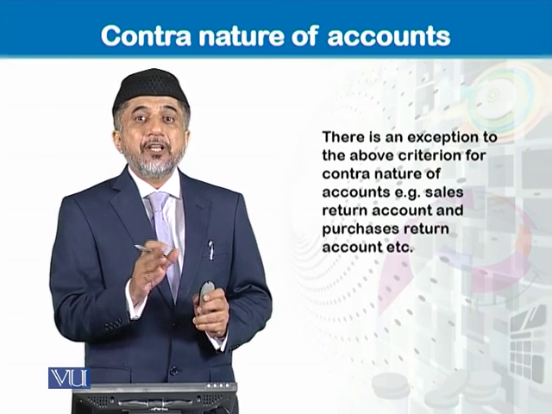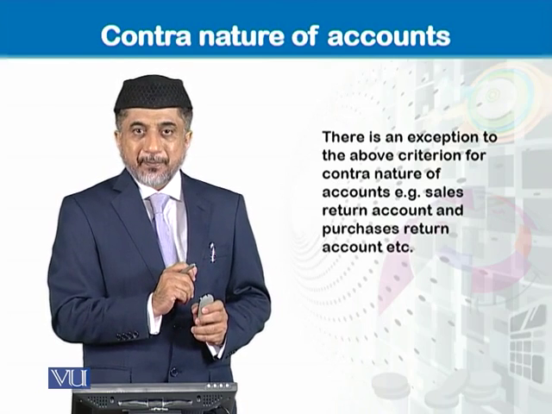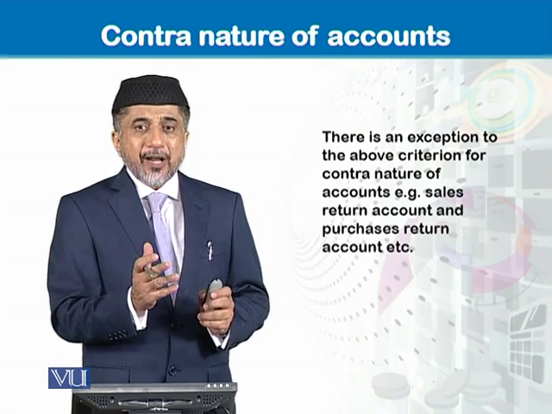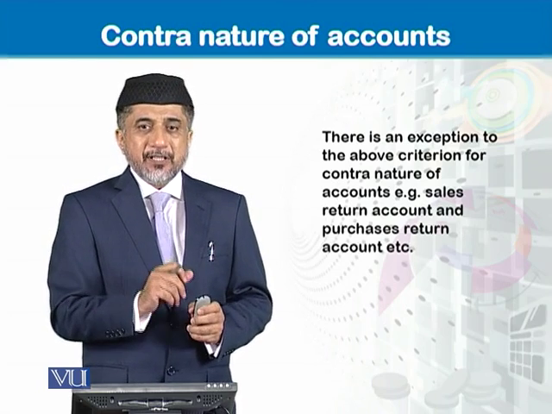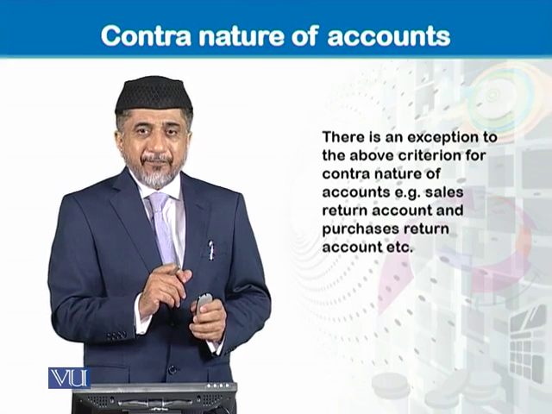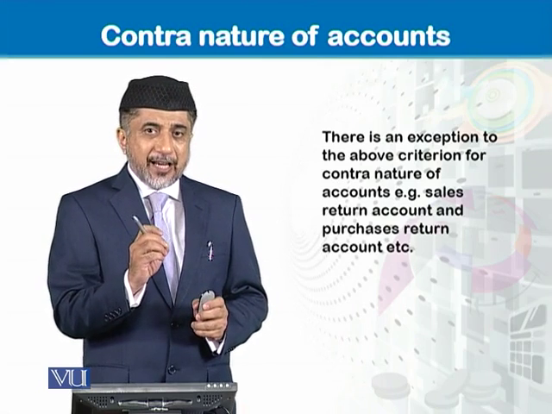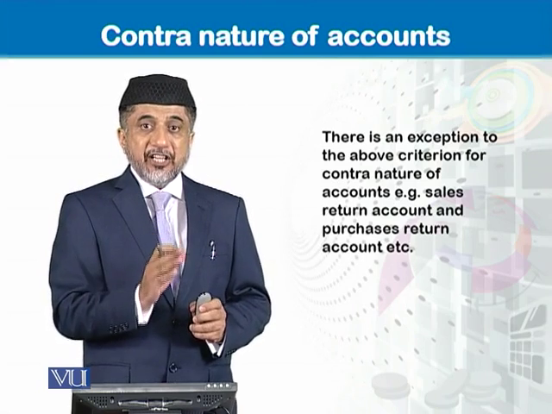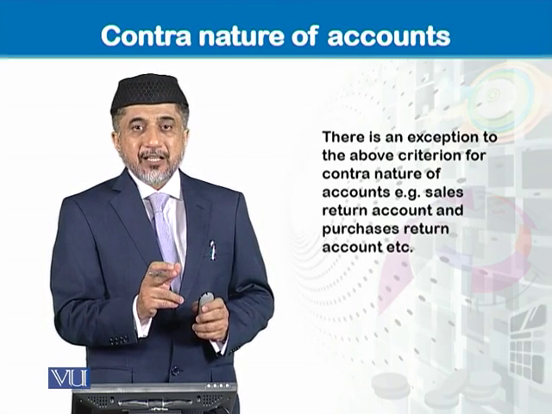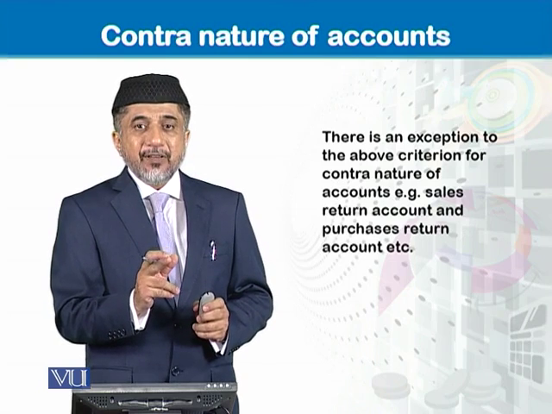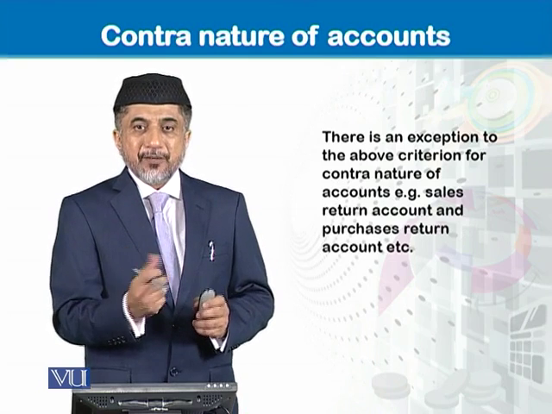This should be a wrong concept. Why? Because drawing always behaves contra to capital. Therefore, the accounting heads which are contra in nature, their opposite side would be giving us heavy total.